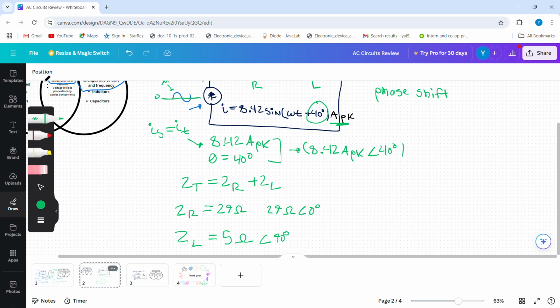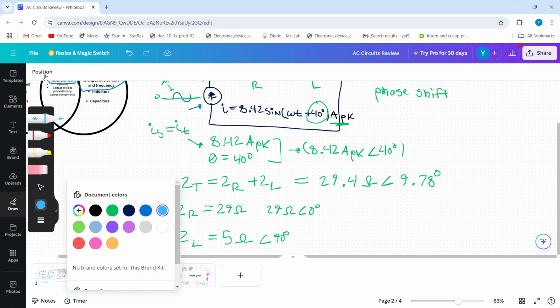Okay? And so now to find my total impedance, I can add those two values up. And the value I will get is going to be 29.4 ohms, angle 9.78 degrees.